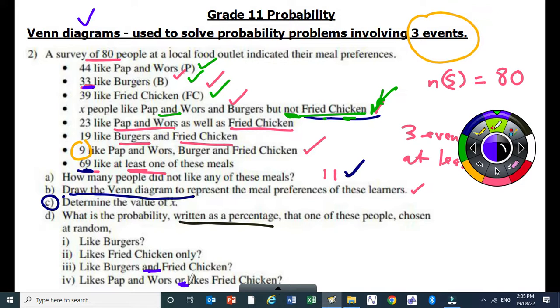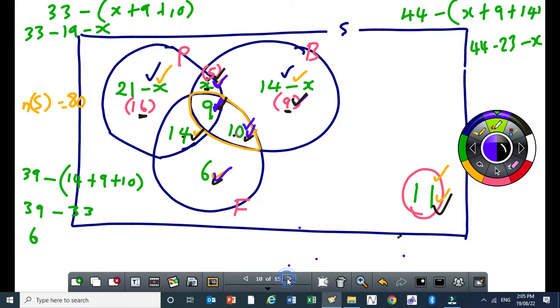So here, if it's a union of burgers and fried chicken, we add these 16, we add these 5, we add those 9, and we also have to include that 10 because it includes people who eat fried chicken. So it's these 9 plus these 10 plus that 61 and that 40.